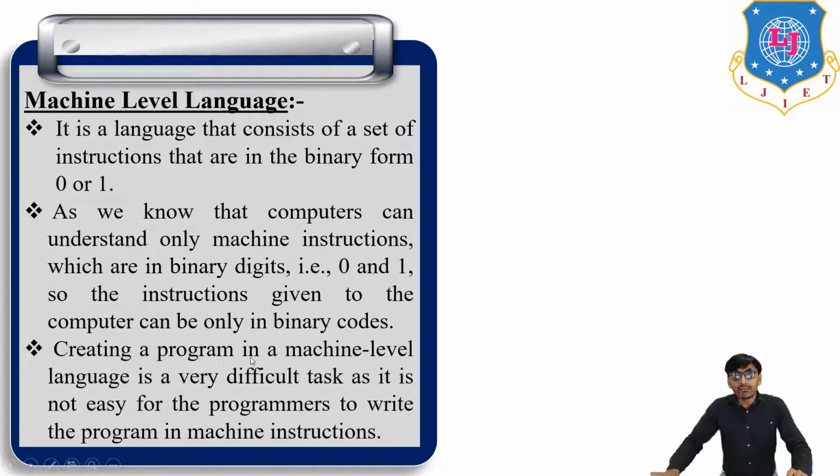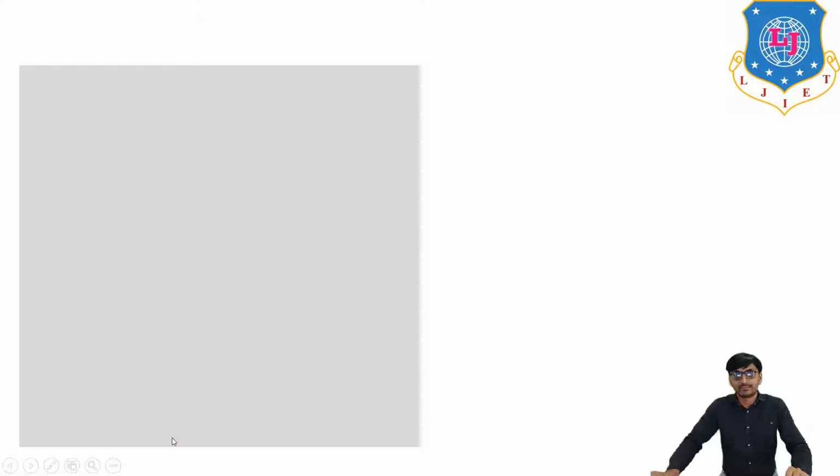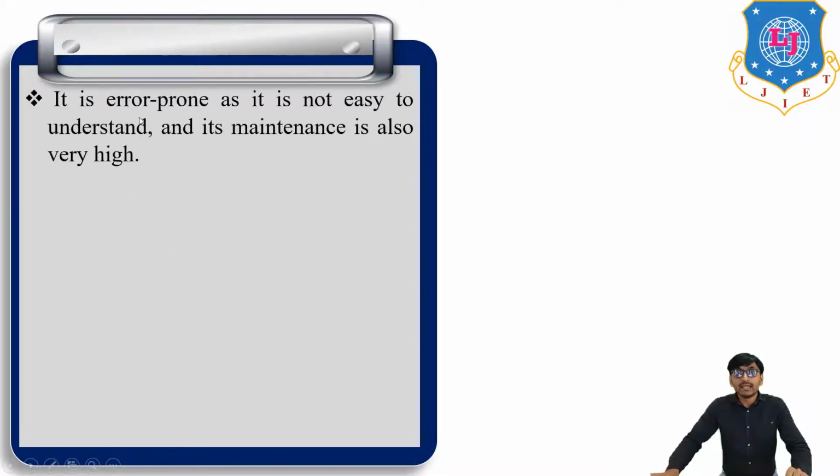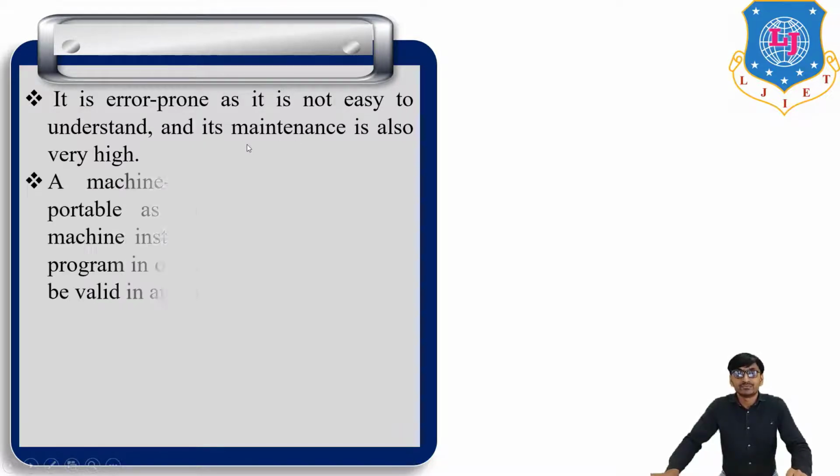Creating a program in a machine level language is a very difficult task, as it is not easy for the programmer to write the program in machine instructions. It is error prone as it is not easy to understand and its maintenance cost is also very high.